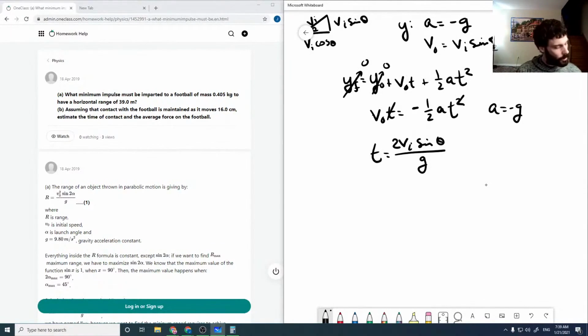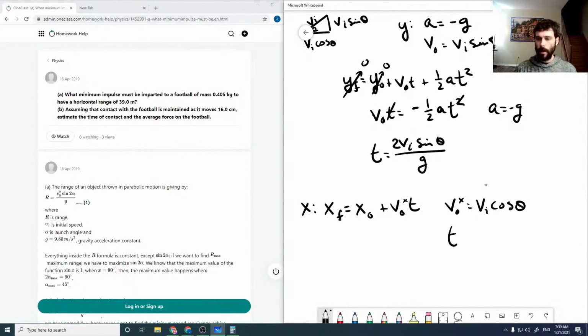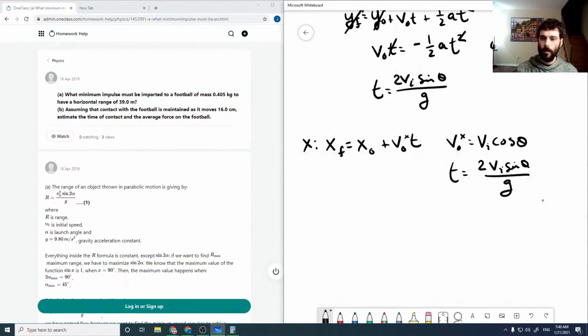So we're going to plug this in now to our x expression. In the x direction, we have xf equals x naught plus v naught t. Our v naught x is vi cos theta, and then our time is going to be this 2 vi sine theta over g. And our x naught is going to also be taken as 0.